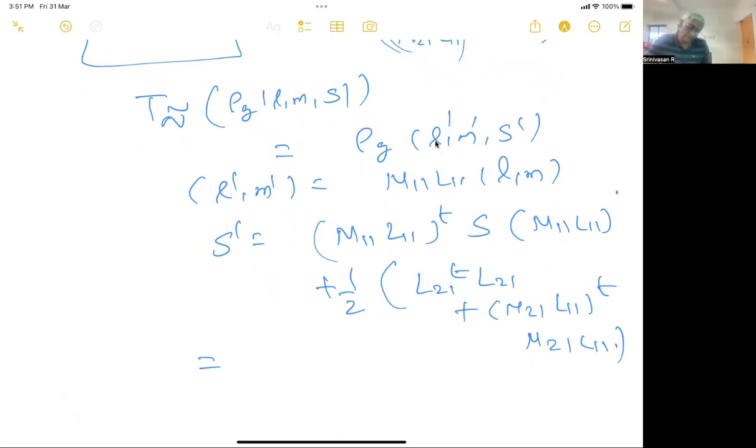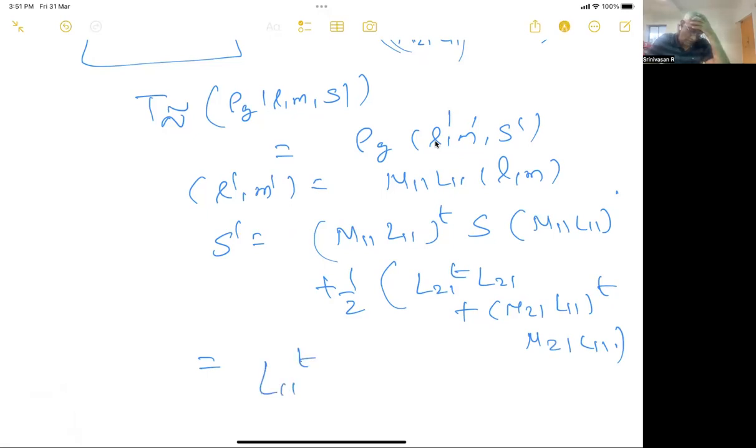Now that is going to be equal to, so what does it do? I have M11 L11, here M21 L11 here. So this is okay. And in the middle, I will get L11 transpose.